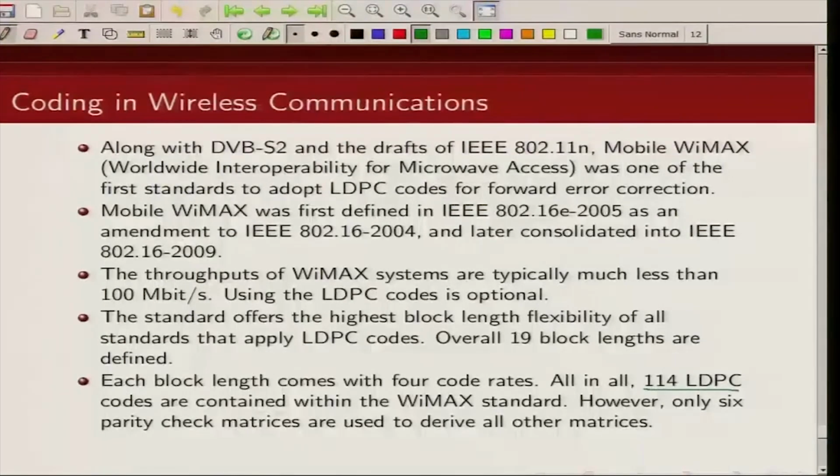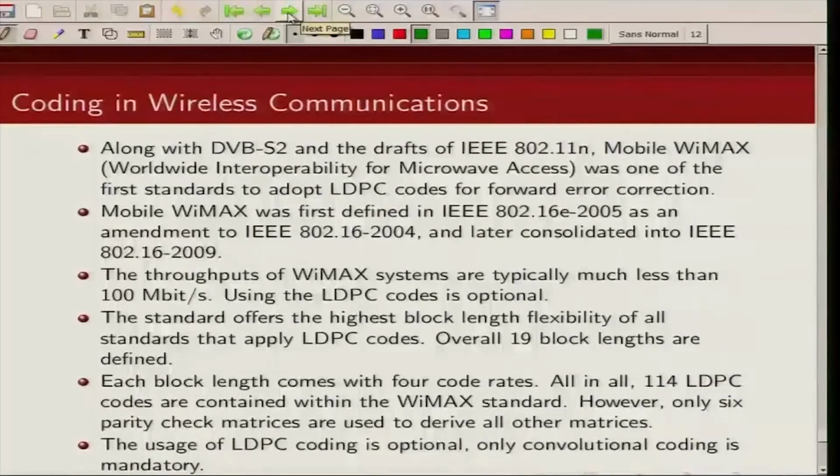A total of 114 LDPC codes have been defined in this WiMAX standard. And as I said, here also the use of LDPC codes is optional, the mandatory requirement is convolutional code.